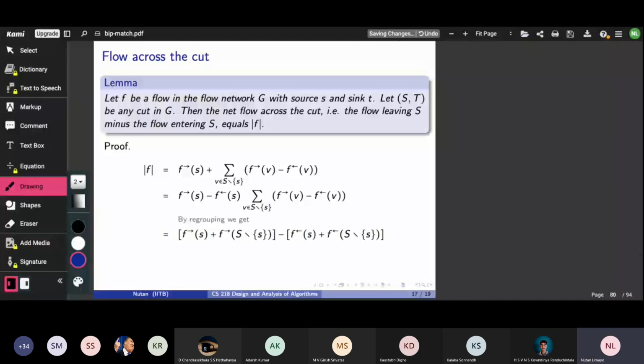Now after regrouping, you get this is the total flow leaving S, and this is the total flow entering S. Okay. And here what I mean is flow leaving S is, for every vertex in S, the amount of flow leaving it. This is all being added here. And similarly, this is for flow leaving S. This is for flow entering S.